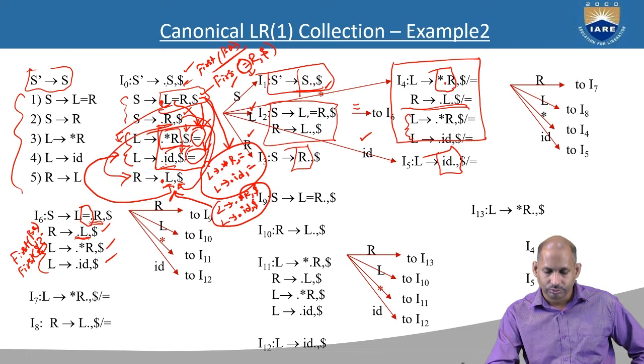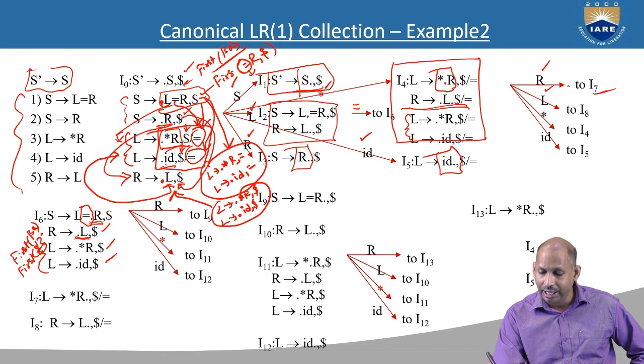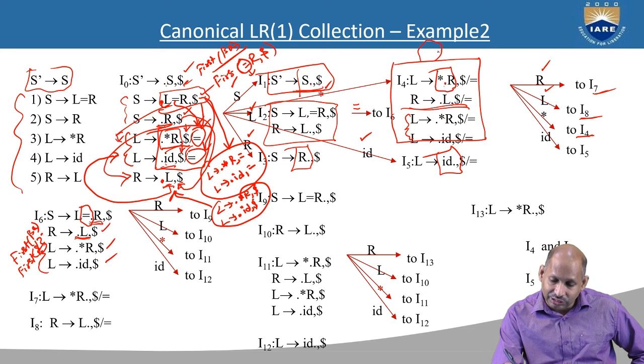Then I3, dot at the end is over. Then I4. In I4, dot followed by R, so on R, go to I7. Dot followed by L, so on L will go to I8. Dot multiplication goes to I4, which means it is recursive.